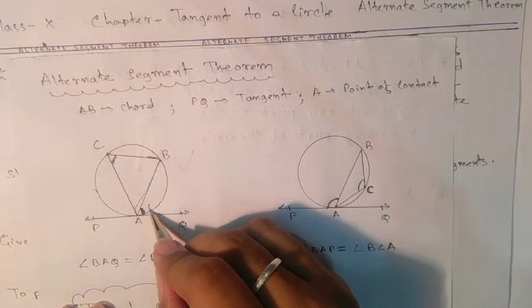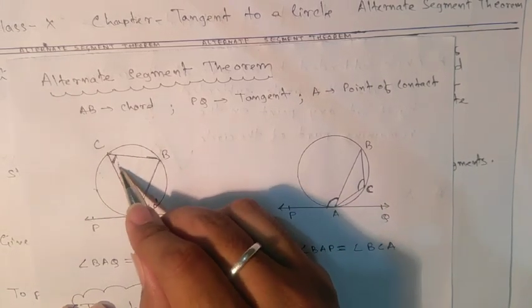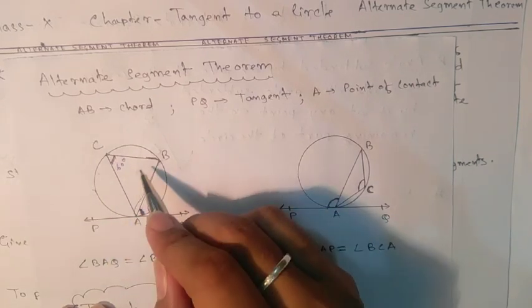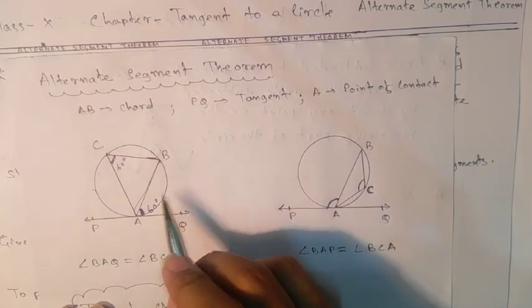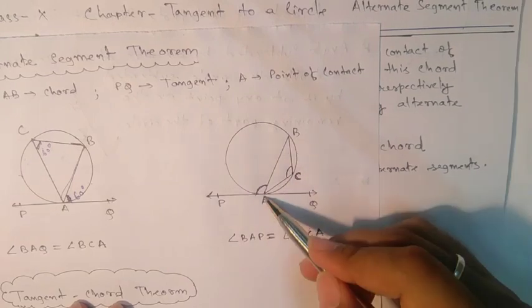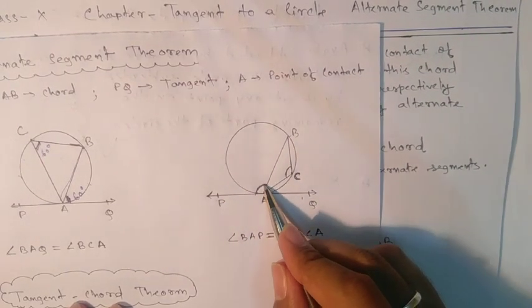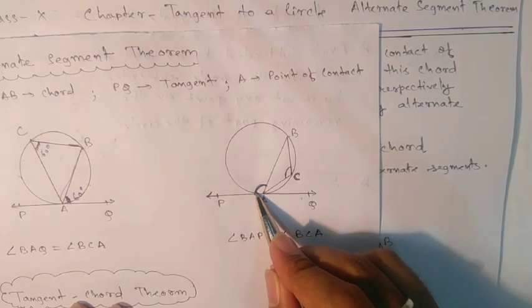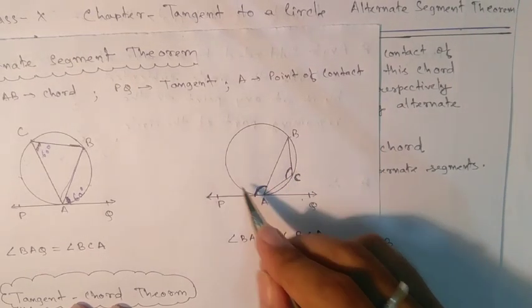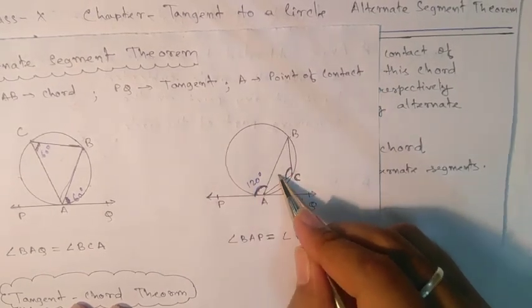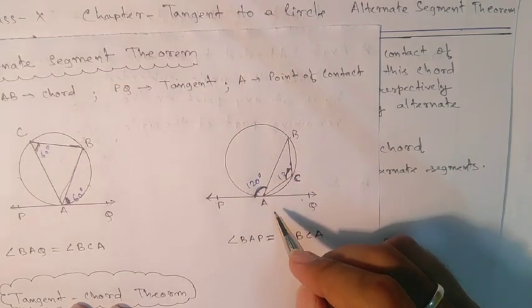That means if this is 60 degrees, then this must be 60 degrees. On the other side, AB is your chord and PQ is your tangent, and this angle must be equal to this. If this is 120 degrees, then this must be 120 degrees.